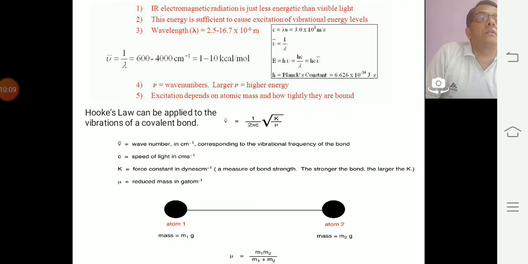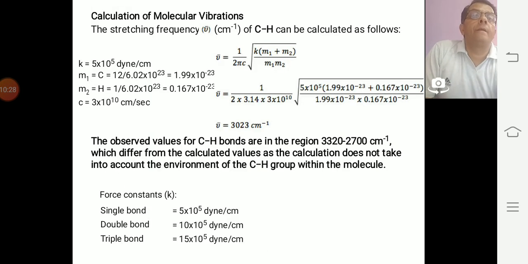The stronger the bond, the larger the K, and mu is the reduced mass in grams per atom. Mu equals M1 M2 upon M1 plus M2, where M1 and M2 are the masses of atom 1 and atom 2 in grams.